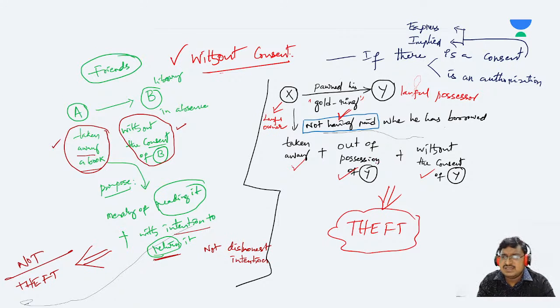If he has paid, if he has taken it out of the possession of Mr. Y with the consent of Mr. Y, then it does not amount to theft, friends. Not having paid what he has borrowed from Mr. Y, without the consent of Mr. Y, even though he is the owner of the property, he has taken it out of the lawful possessor's possession without his consent, even in his absence, not having paid.